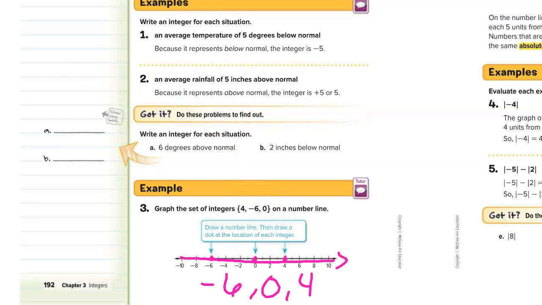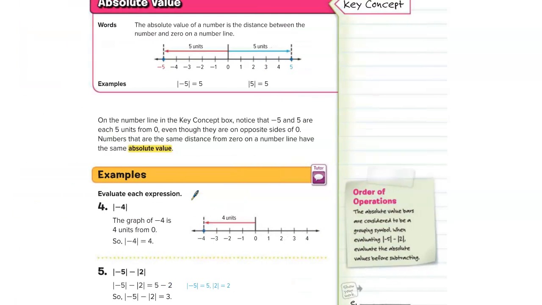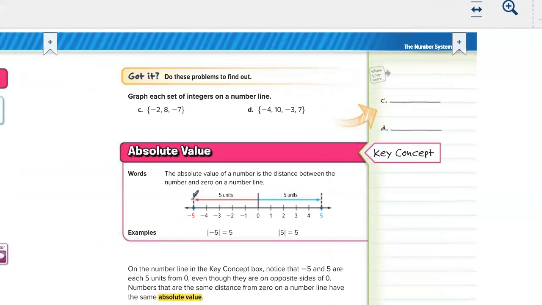All right, you're going to pause the video again, and I want you to try Got It C and D. Again, you're going to have to make your own number line for these, make it relatively equally spaced.